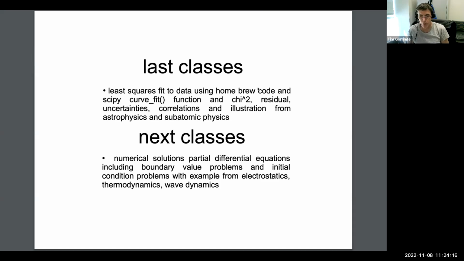Today's class, I want to move on to a new topic, a new module. I want to talk about numerical solutions of partial differential equations.